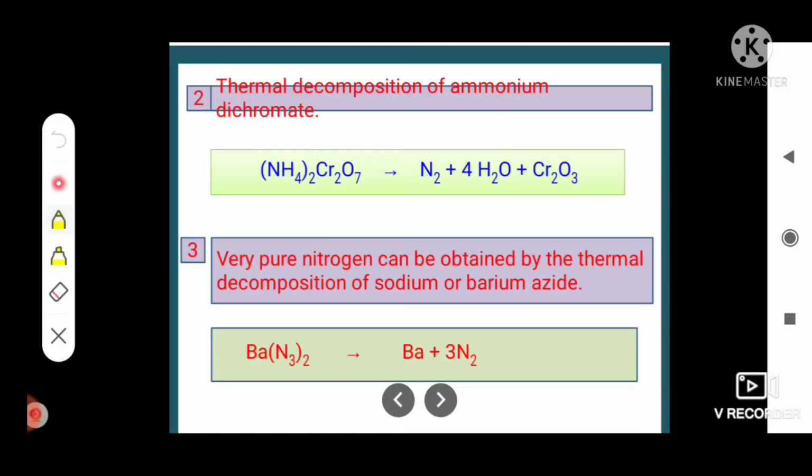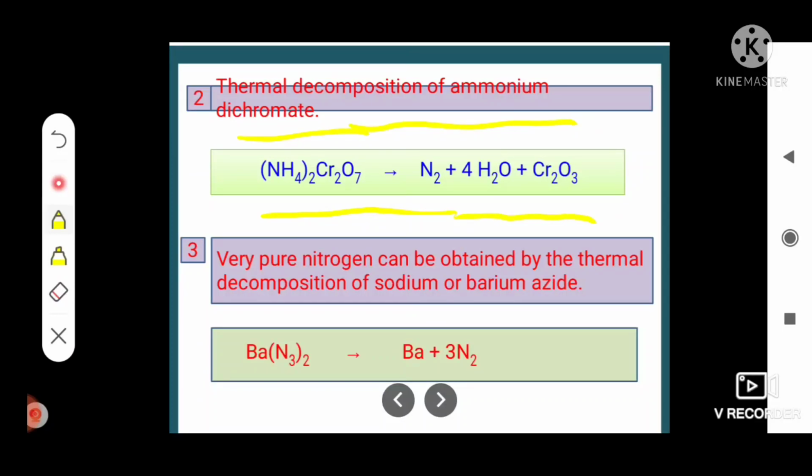By the thermal decomposition of ammonium dichromate, (NH4)2Cr2O7, we can prepare dinitrogen: it gives N2 plus 4H2O plus Cr2O3.